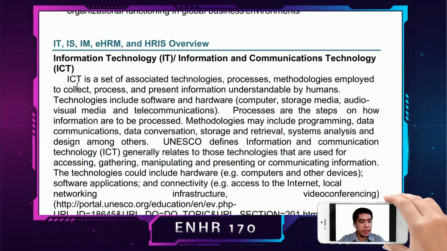So ano ba ang ICT? Ano ibig sabihin ng ICT? Nakalagay dito, okay, a set of associated technologies, processes, methodologies employed to collect, process, and present information understandable by humans. Okay. So technologies that includes pag merong mga software and hardware yan, that could be considered already as information and communications technology.